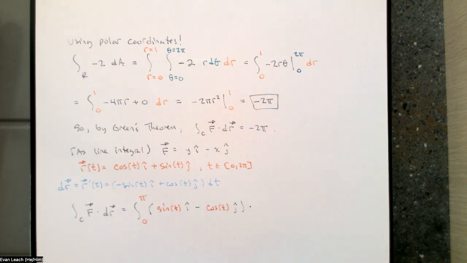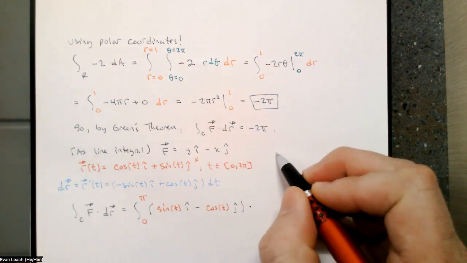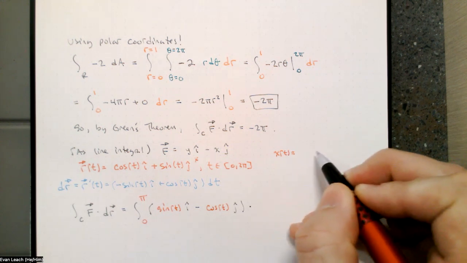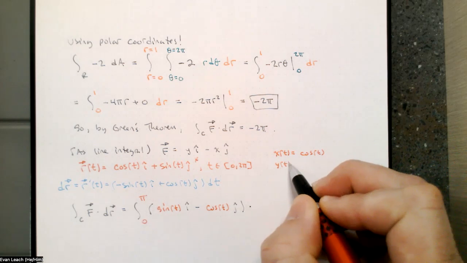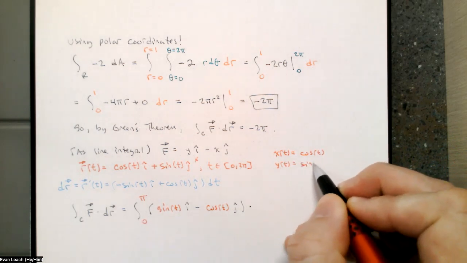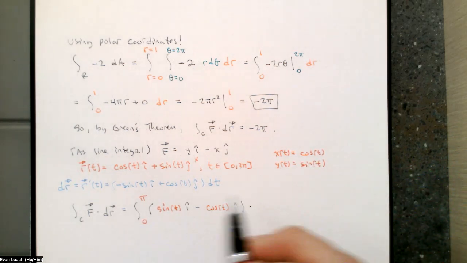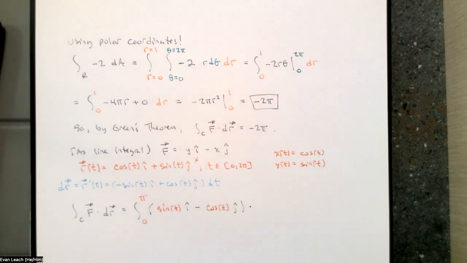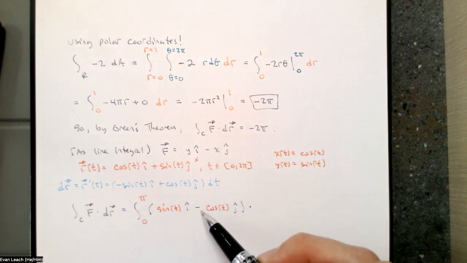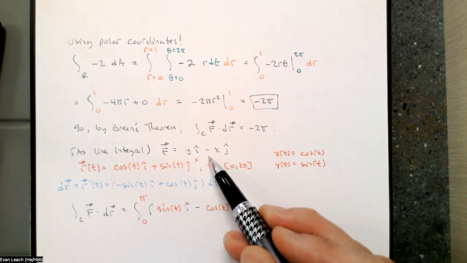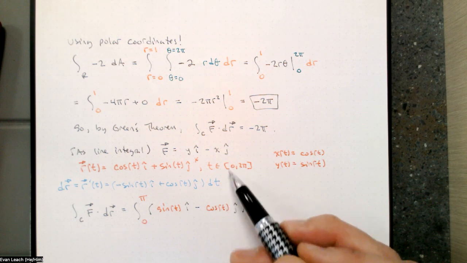Remember, I'm not just integrating the parameterization, I'm integrating the vector field evaluated at the parameterization. So here, this is indicating that x of t is cosine t and y of t is sine of t. That's why it looks backwards, because I'm plugging cosine for x. So negative from the vector field, x is cosine of t times j.